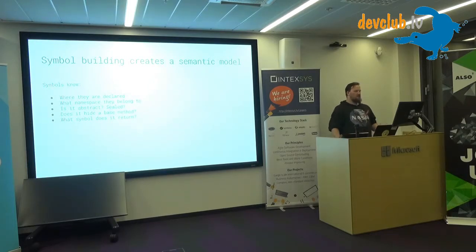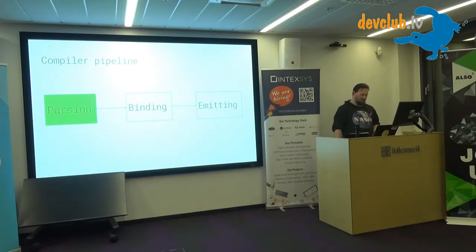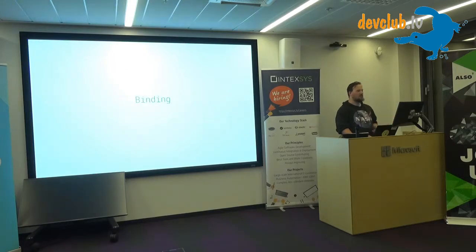So it's kind of the maximum amount of knowledge we can get using the Roslyn compiler. Great. We're done with the parsing step, but everything else is much simpler. So, binding. Right now we have built up this big semantic model that has a lot of information.